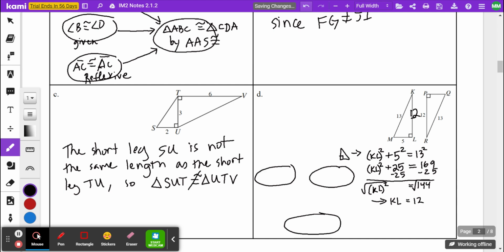So KM is congruent to RQ and is hypotenuse. And that's given.